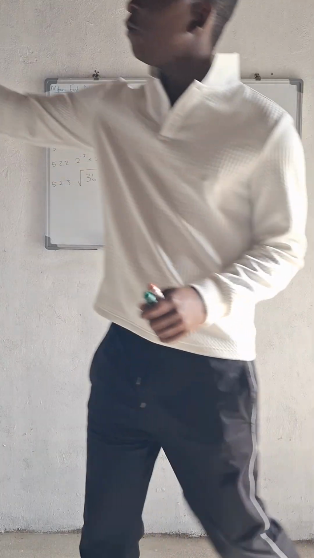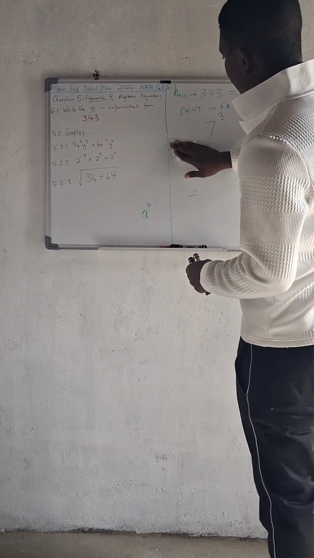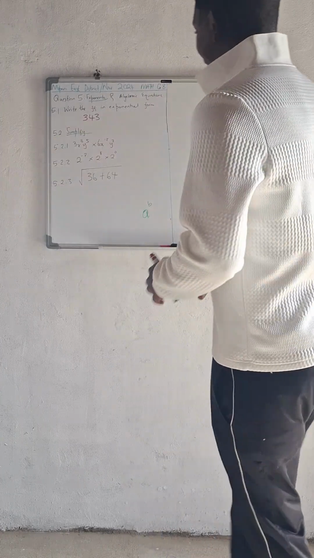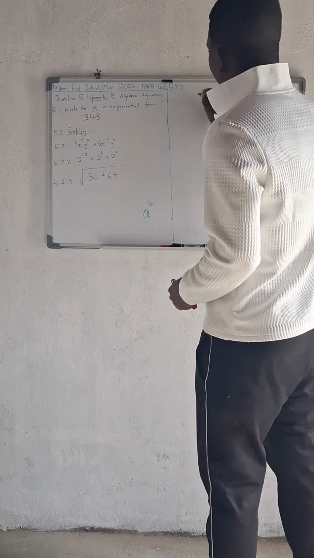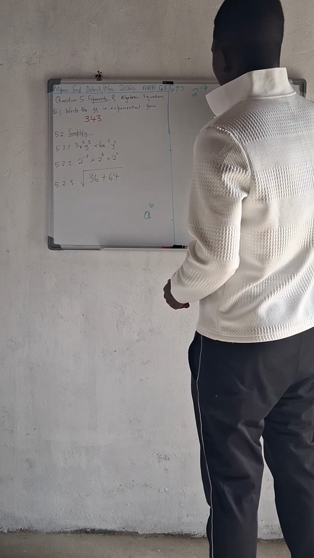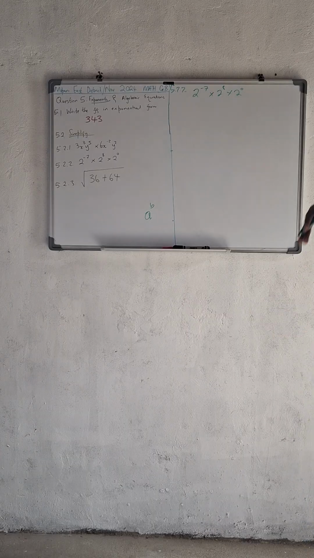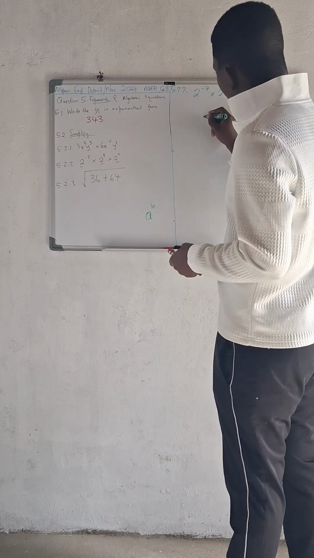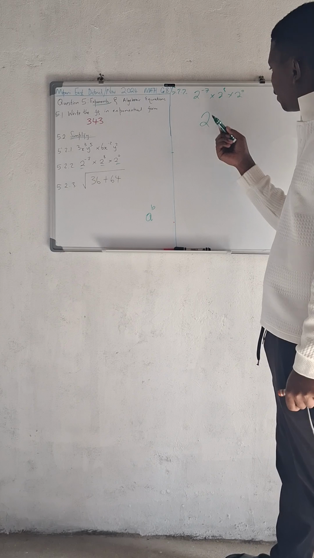Let us move to the next question, 5.2.2, very quickly. We have 2 to the exponent negative 7 times 2 to the exponent 8 times 2 to the exponent 0. Even when I read this, I can tell that there is the same base throughout. So I need to take the 2 as the common base.